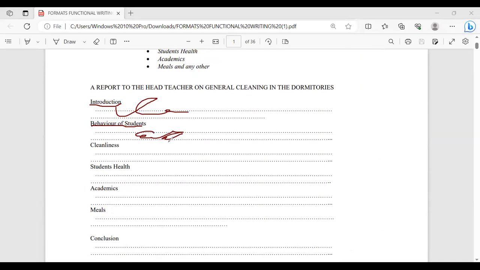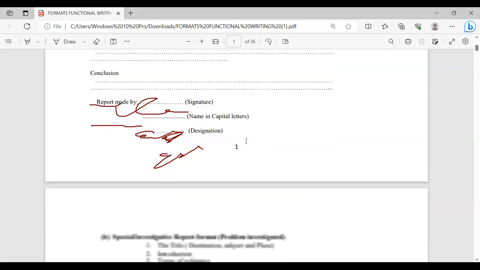You can have 1 or 2 paragraphs under each subtitle. So under the different subtitles, you must paragraph your work, but the subtitles must be underlined and they must be written in small letters.